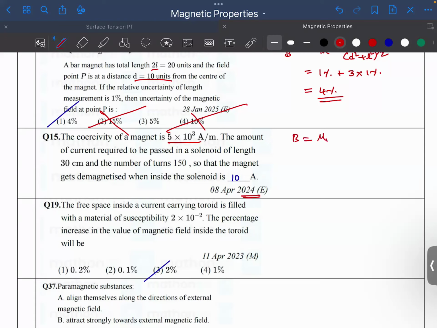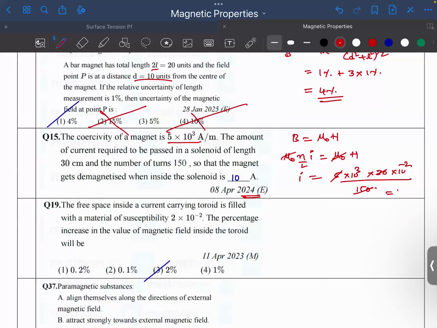B is equal to mu naught H. And then the amount of current required, mu naught N by L i is mu naught H. Cancel. The current is H, 5 into 10 to the power of 3, length is 30 into 10 power minus 2, by number of turns 150.